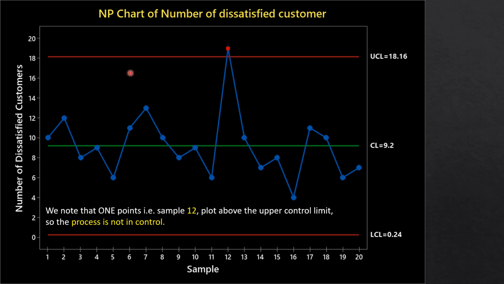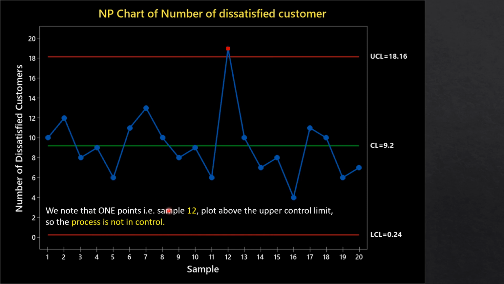So this is the NP chart for the number of dissatisfied customers, and we prepared it with the help of Minitab software. On the x-axis you can see the total 20 samples, and on the y-axis the number of dissatisfied customer data. This is the upper control limit, the lower control limit and the center line.